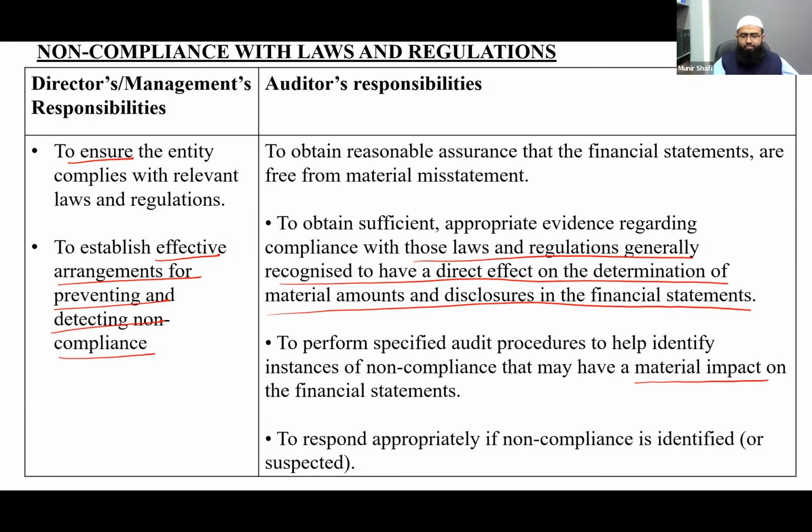Okay. So the auditor is responsible to perform specified procedures, and we'll see what those specified procedures are which auditors are required to perform to help identify the instances of non-compliances. We'll see.